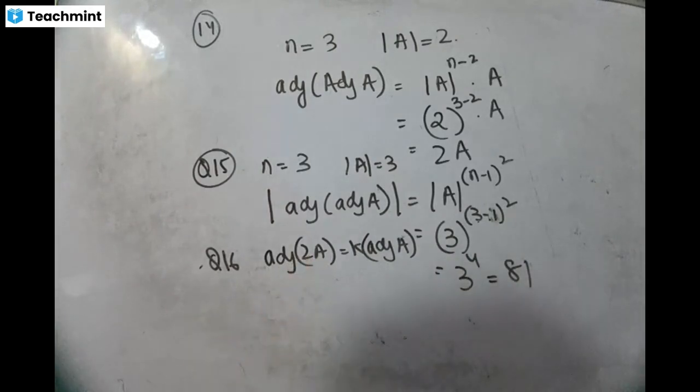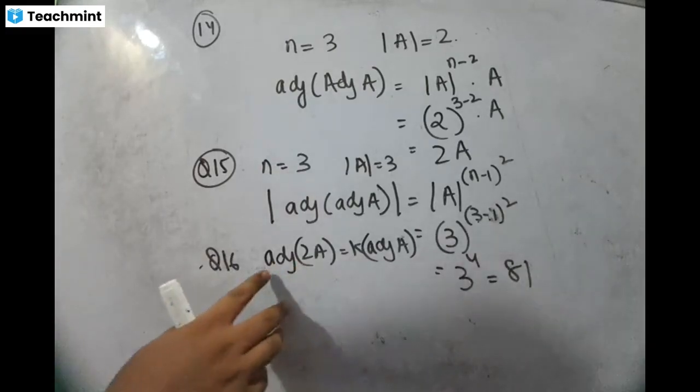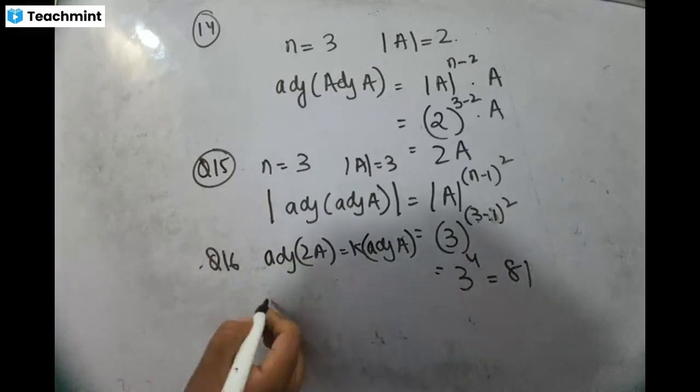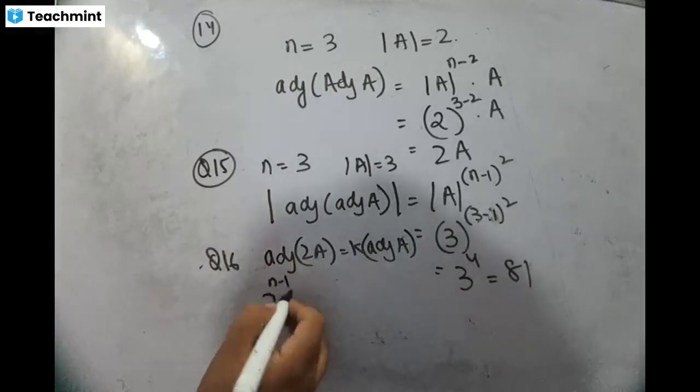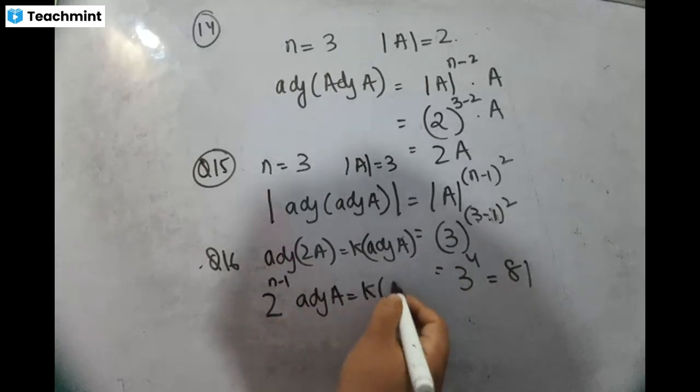Remember, whenever there is a scalar inside a determinant, the scalar comes out. Similarly, whenever there is a scalar inside an adjoint, the scalar comes out. So 2 comes out to the power n minus 1 into adjoint A equal to K times adjoint A.